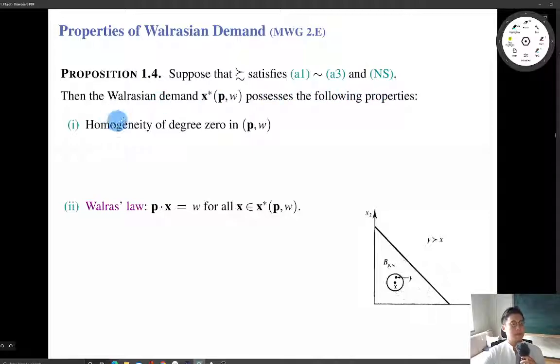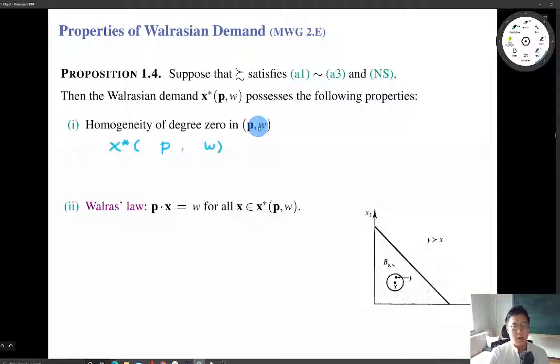The first property is homogeneous of degree 0 in the price vector and income. All right, so that simply means we have a Walrasian demand that depends on p and w.